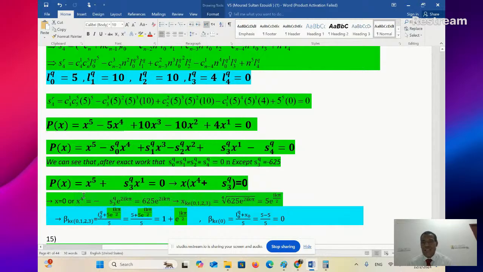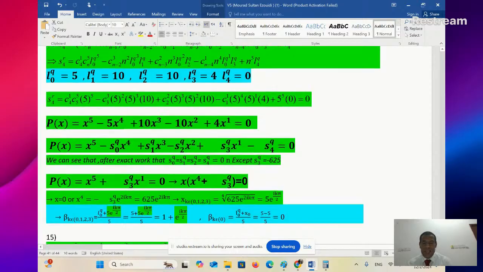Therefore, this is x raised to the power 4. Now x subscript k from 0 to 3 is the fourth root of 625 exponential 2k pi. So the fourth root of 625 is 5, and the fourth root of exponential 2ik pi is exponential 8 pi divided by 2.